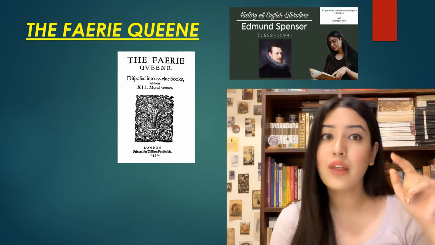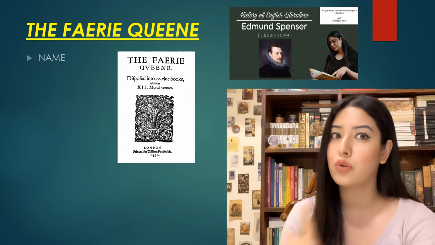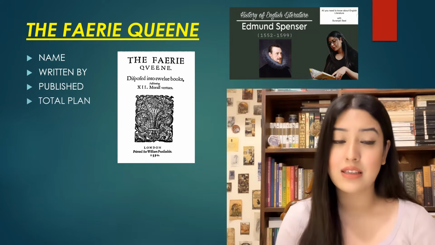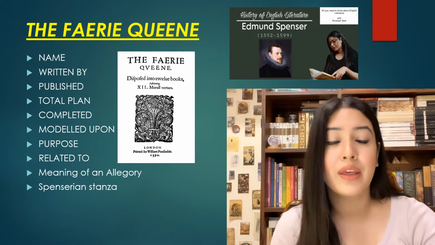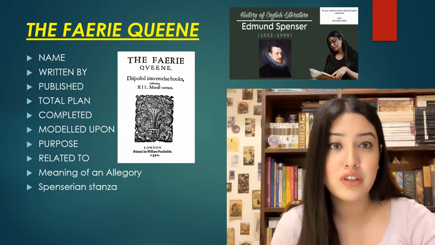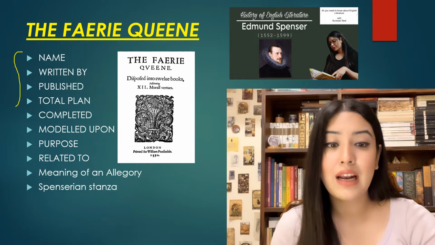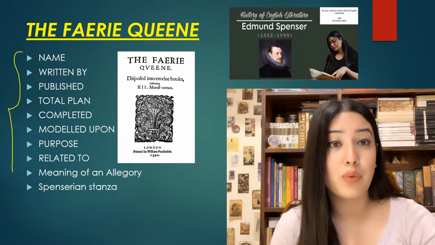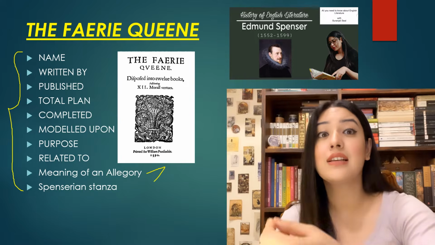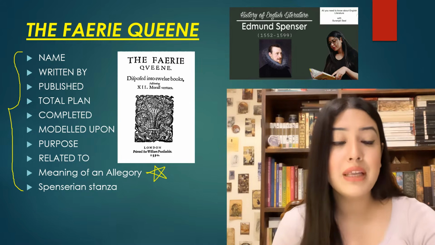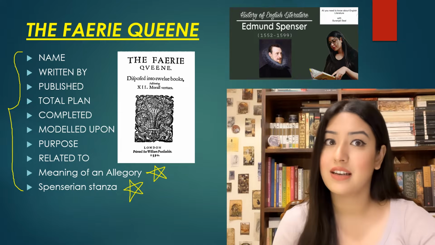If you look at the screen, then you will know what I have covered in the other video, so make sure that you go and check that out, because those are the basics. For the Faerie Queene, in the video on Edmund Spenser, I have covered the following: the name, written by, when it was published, how many sets were published, the total plan and how much he actually completed, which work it was modeled upon, what the purpose was, and who he related its purpose to, the meaning of an allegory with examples, and the Spenserian stanza.